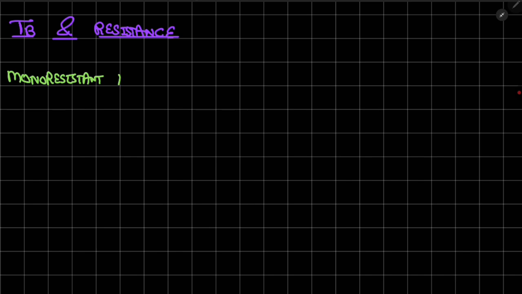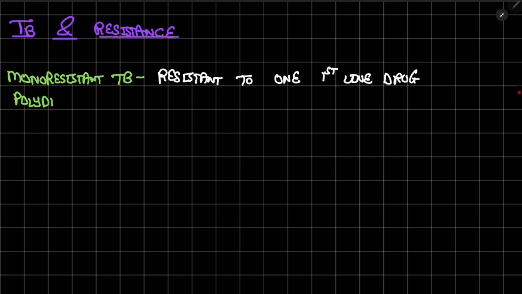Monoresistant TB means, by the name we can tell, it is resistant to one first line drug. Then we have polydrug resistant TB. Poly means multiple drugs.